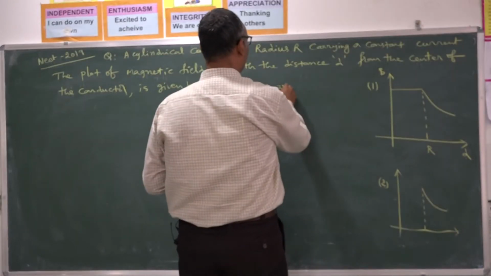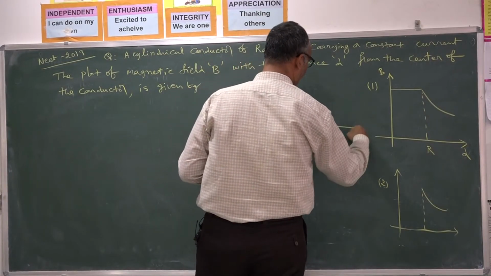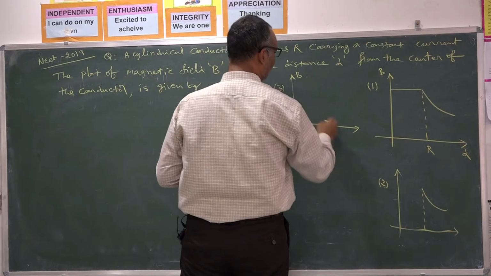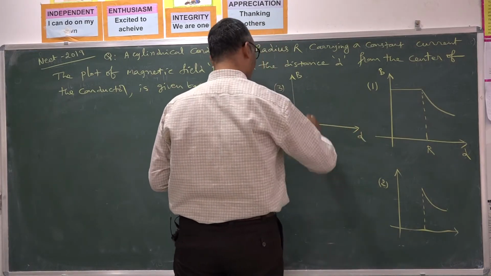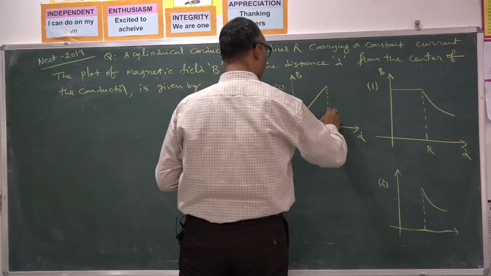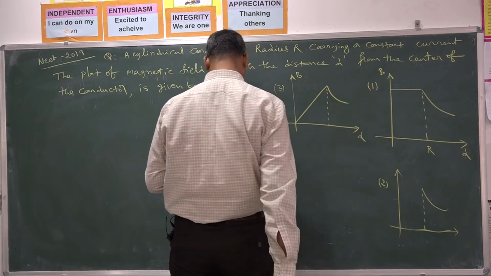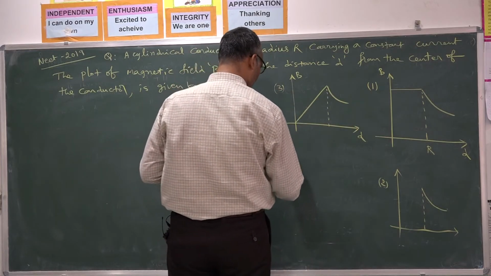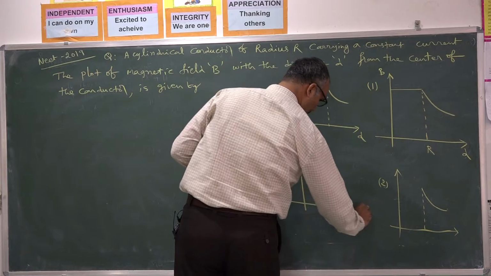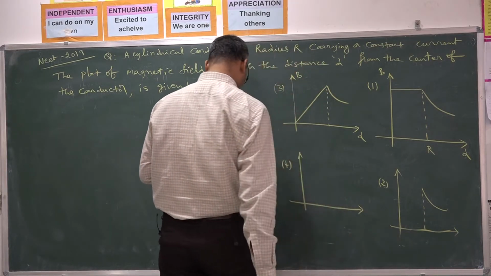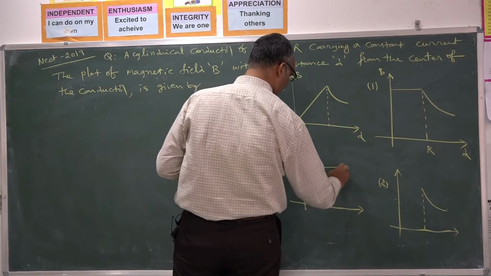The third plot, B versus d, is given like this. Fourth plot, B versus d, is given like this.